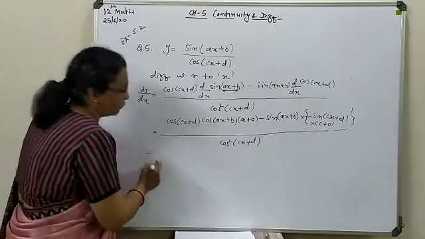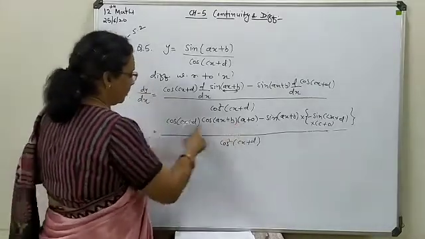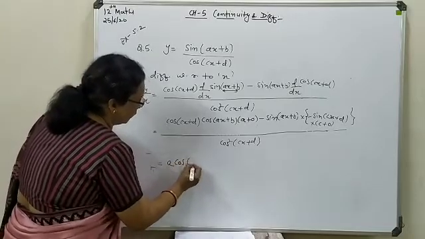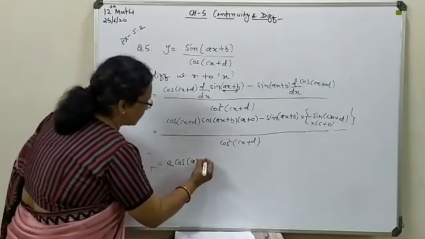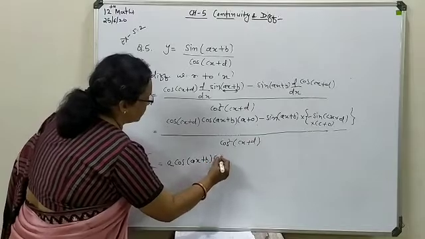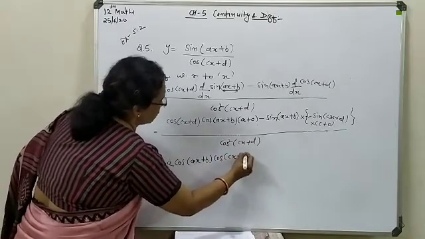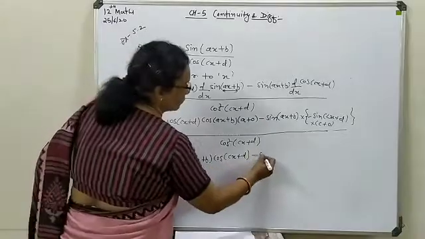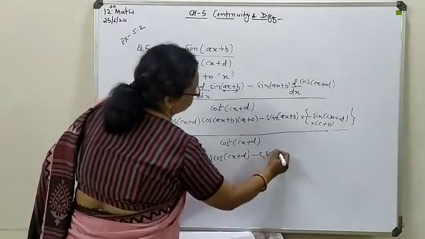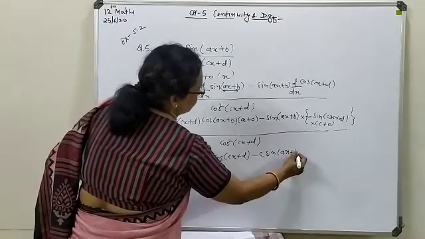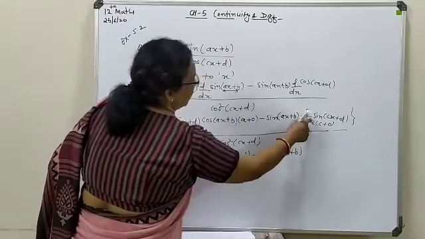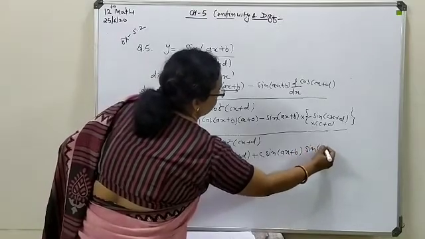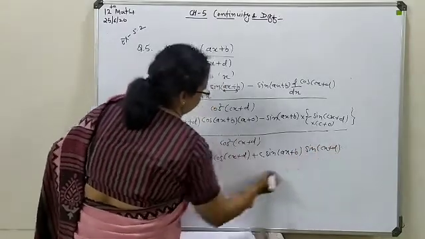Now write the combined form of what we are having here. This constant a you will write at the first position. Write further cos(ax + b) cos(cx + d) minus, here c is the constant one, so it will be sin(ax + b), minus minus plus sin(cx + d).